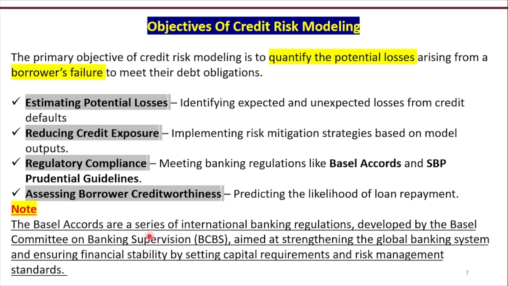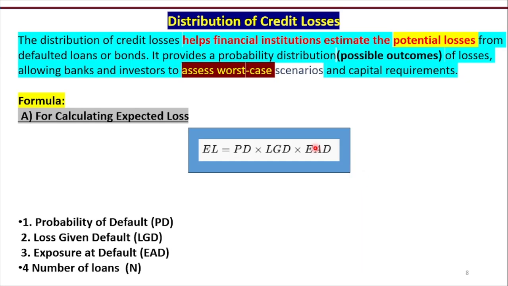This is the body that makes and maintains the regulation policies internationally. So these are the four objectives, and we have also learned what the Basel Accord is. Now moving toward our main topic, which is the distribution of credit losses.